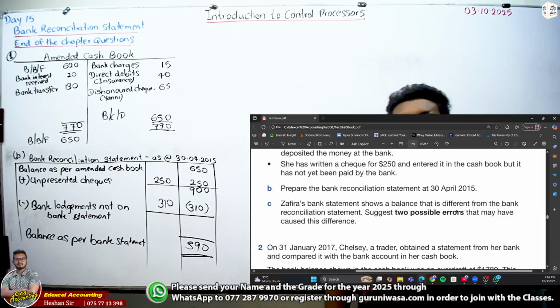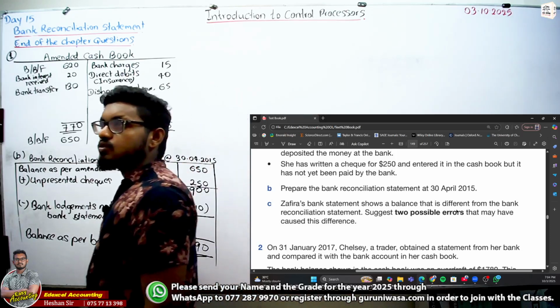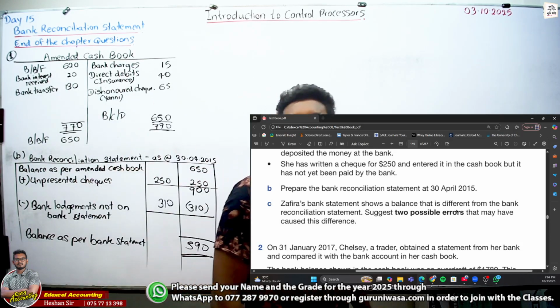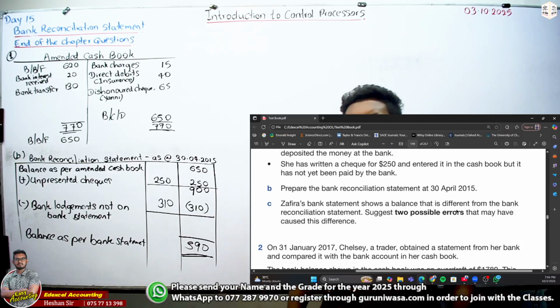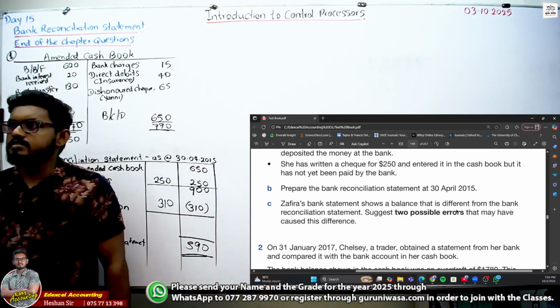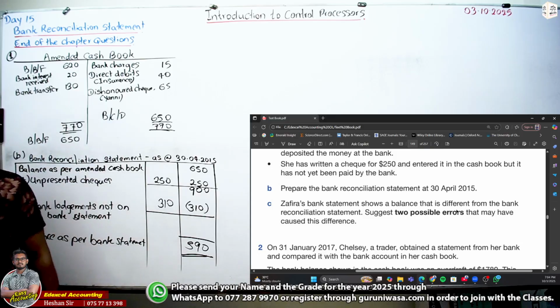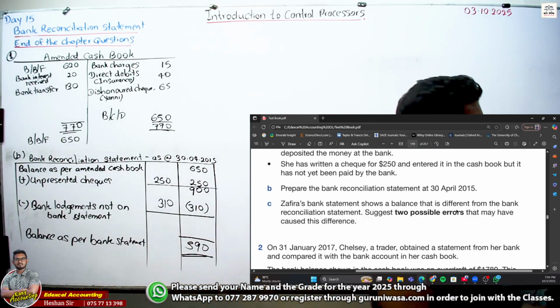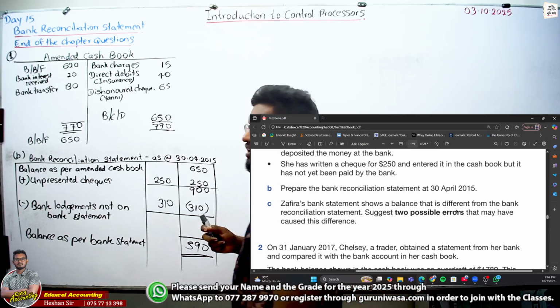There is another one. Safira's bank statement shows a balance that is different from the bank reconciliation statement. Suggest two possible errors that may have caused this difference. What are the reasons?